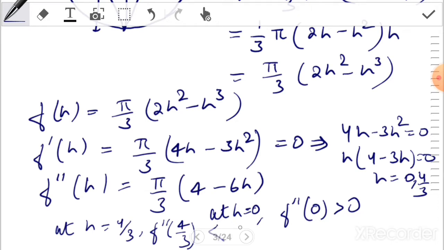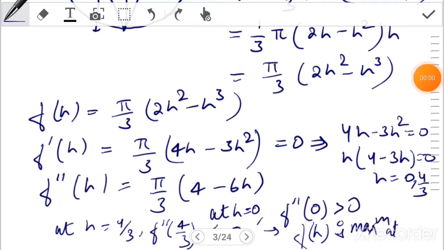So this is negative. That means f(h) is maximum at h equal to 4 by 3.